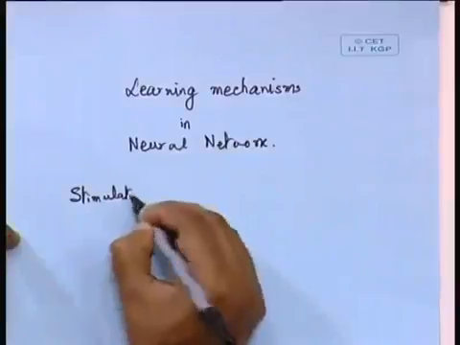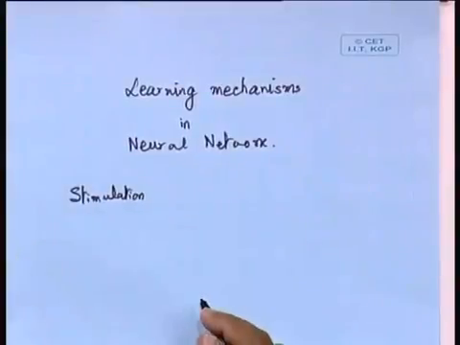So, what are the essential components of learning? These things we can list out. First is that for any learning to take place, we give a stimulation. There is a set of stimulations that we are receiving from the input, from the environment.